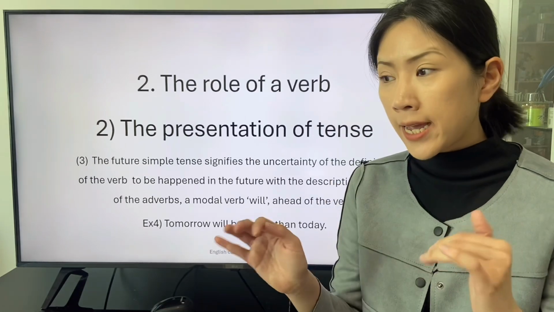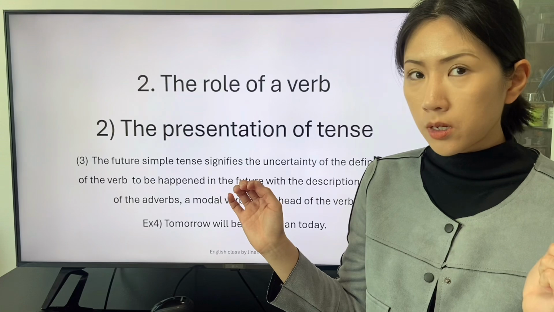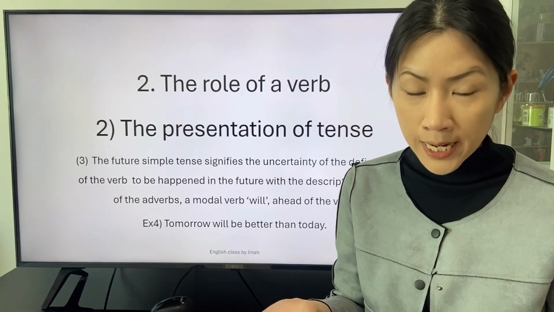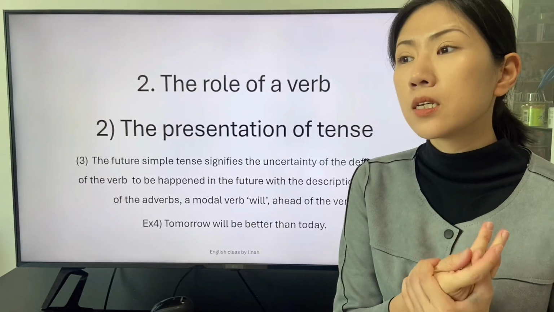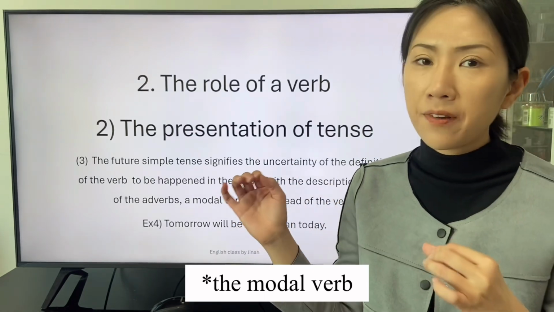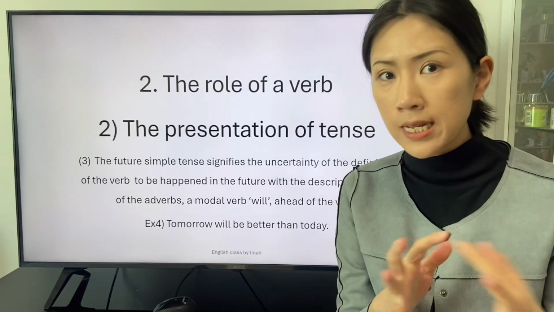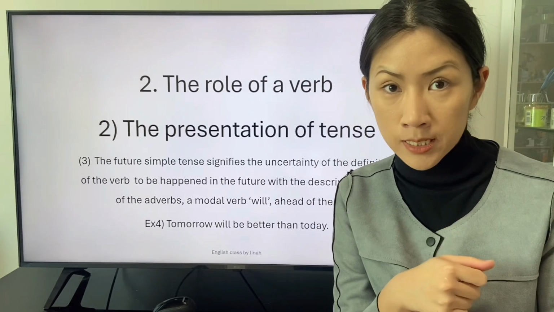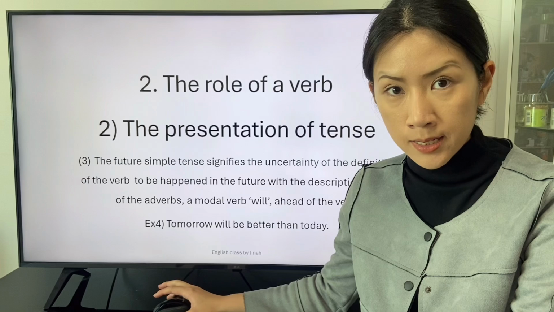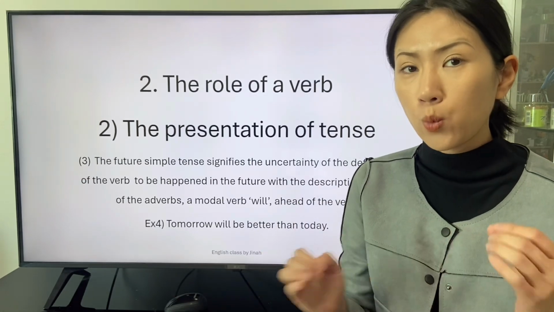The future tense implying the uncertainty about the happening is stated with the will. The clause stated in the future tense is with the modal verb will.